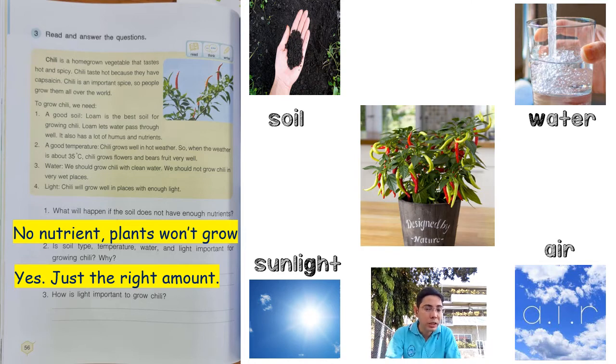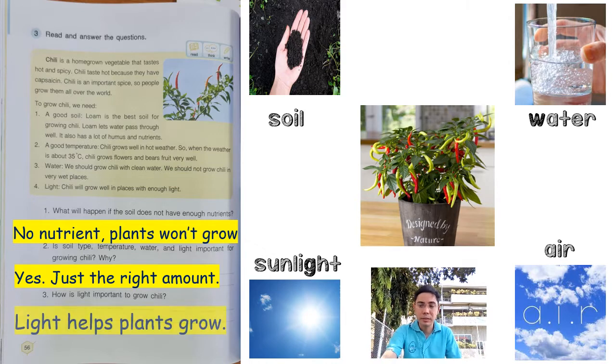Now, let's go to the last one. Number 3. How is light important to grow chili? Can you guess? Yes, light is very important because light is an important source of energy that plants need to grow.